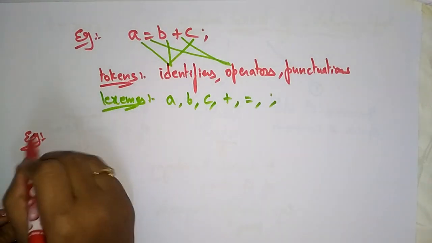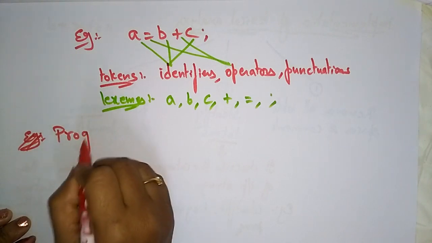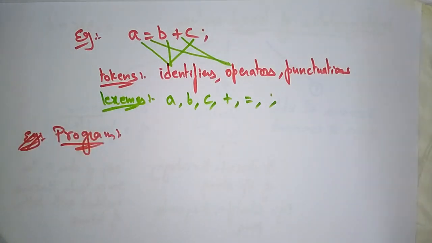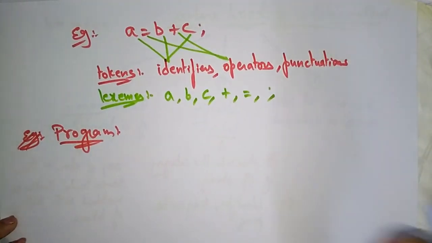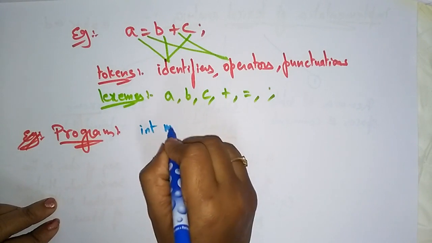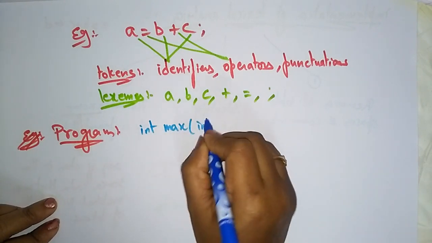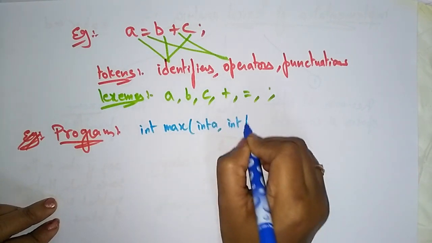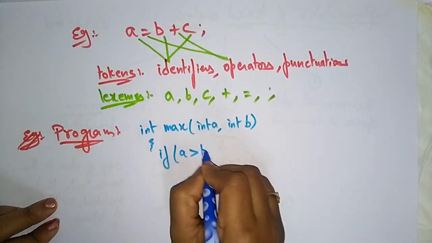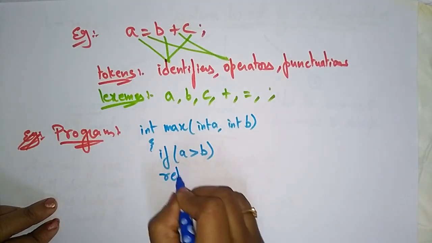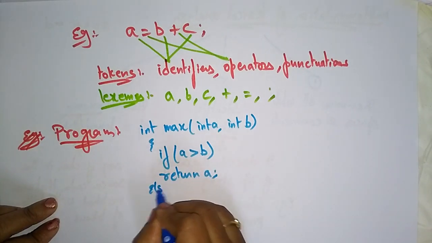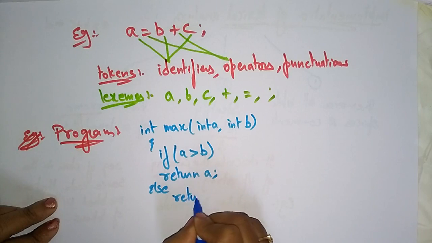So let me take a simple example of how to implement the lexical analyzer. Our main concept here is that I want to implement the lexical analyzer. So I am taking the source code: int max(int a, int b), if a greater than b, I have to return a, else I have to return b.